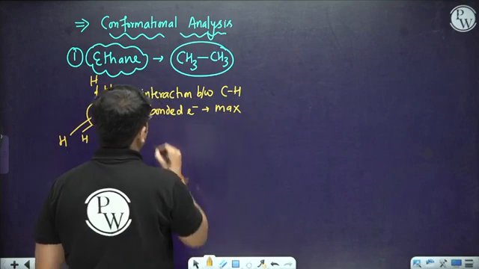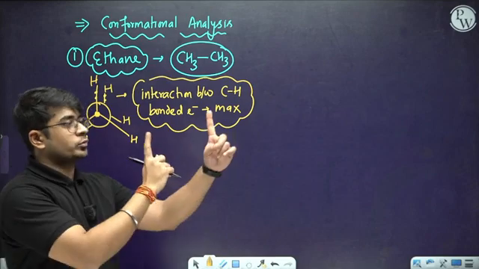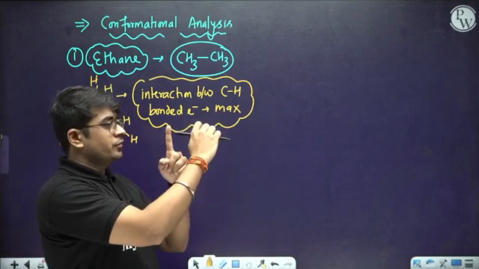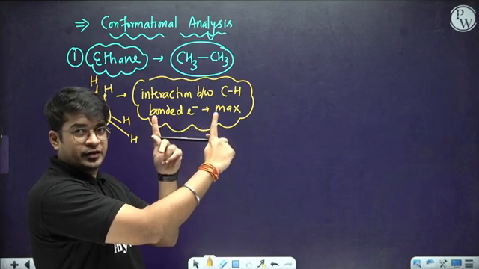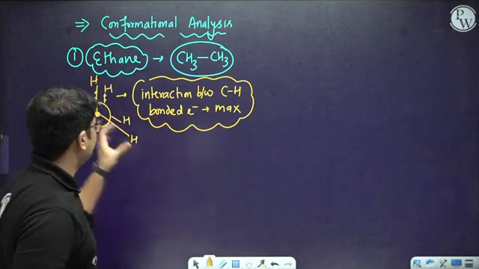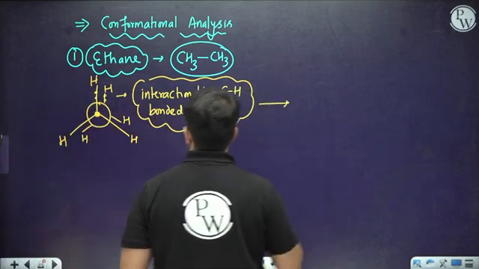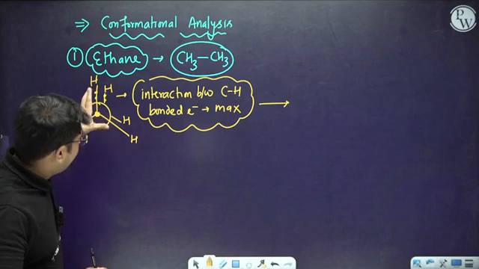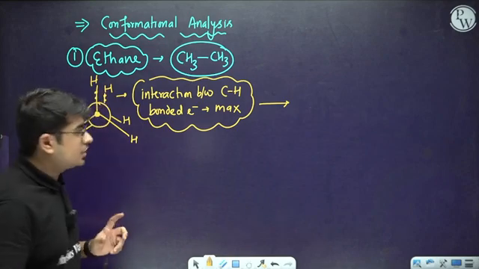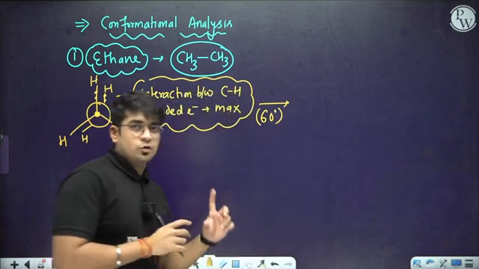One CH electron pair is this, one CH electron pair is this, and these two are in front of each other. So definitely there is maximum interaction between these two parts. Eventually, fix one carbon, fix the front carbon, and try to rotate the next carbon. Generally the rotation is always 60 degree.